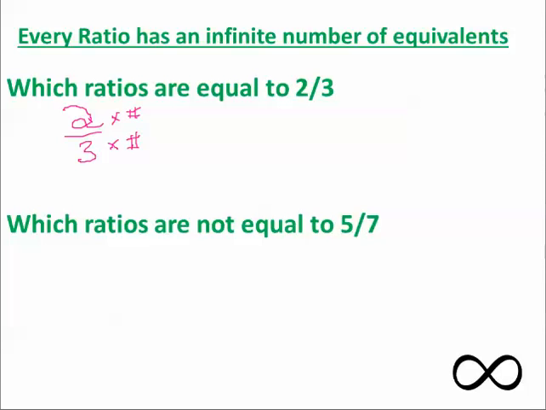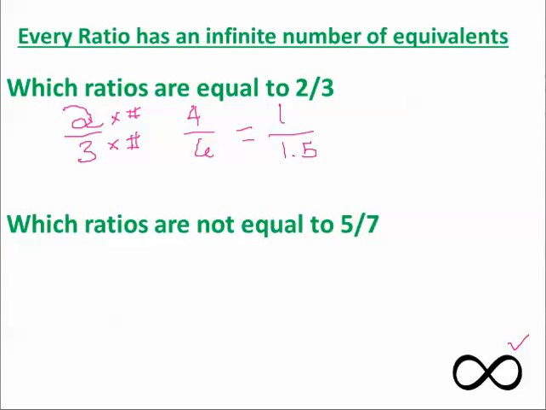I can multiply by a different number every time and do it an infinite number of times. That's my little infinity down here, because I can get an infinite number of ratios that are equivalent to 2/3. I would do that by multiplying by 2 and getting 4/6. I can multiply by a half even and get 1 over 1.5. All of these ratios are equal.